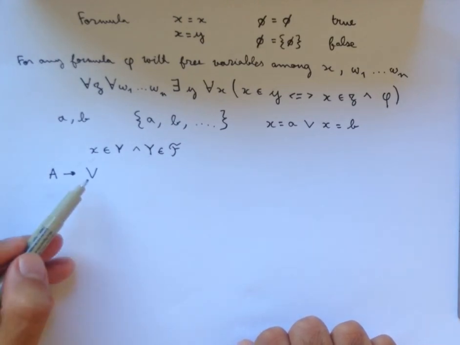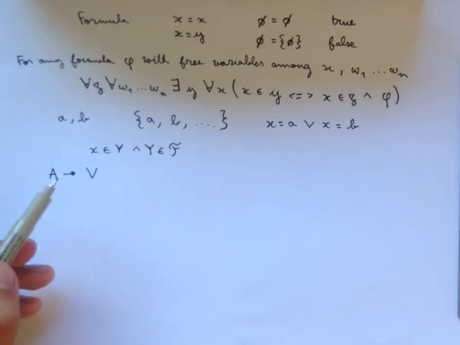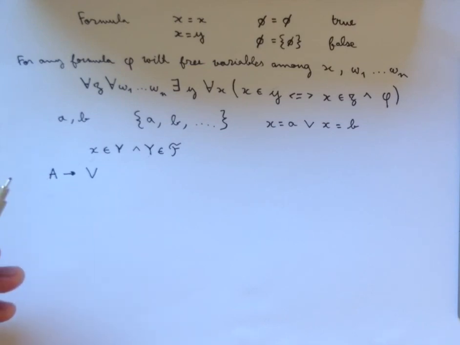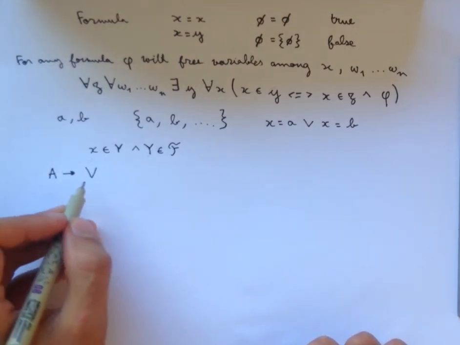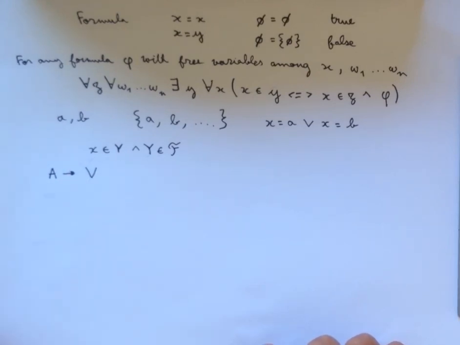Now it's important to remember that this is not a set. It's the thing that you get when you put all the sets together, and the whole point of this axiomatic system was that this is not going to be considered a set. But we can still have functions that take elements from A and map them to elements from the universe of all sets. So this is still okay.